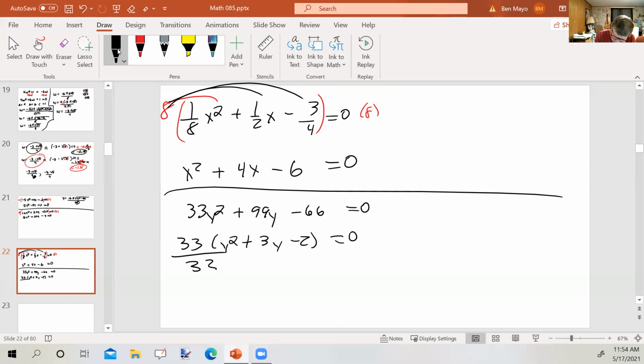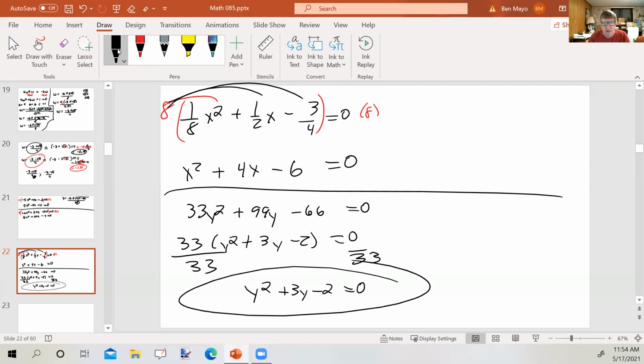Then you could divide both sides by 33. Y squared plus 3y minus 2 equals 0. A is 1, b is 3, and c is -2. So there's another instance where you could simplify the problem before you use the quadratic formula.